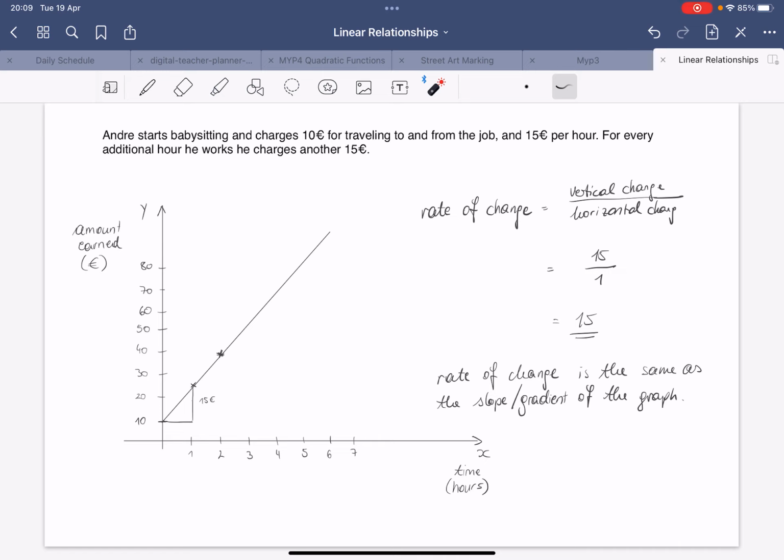In general, the line can intersect with the y-axis at any point. Like here at 10, at 20, at 30. But if we're talking about a proportional relationship, it needs to go through 0, 0. So this, for example, is a linear relationship, but it is not proportional.